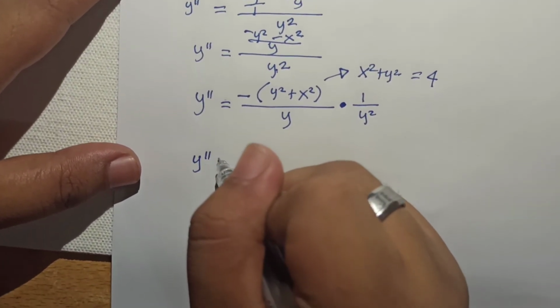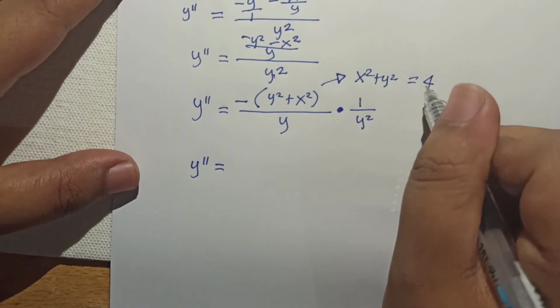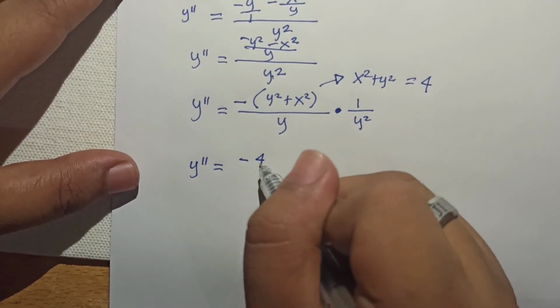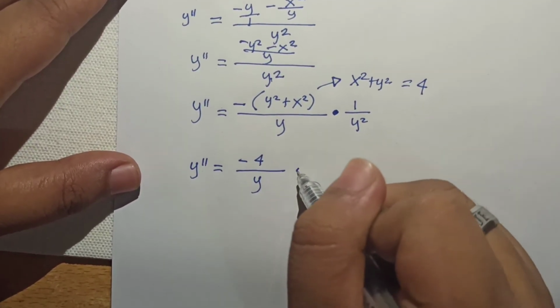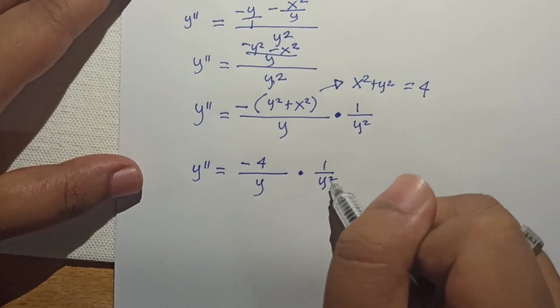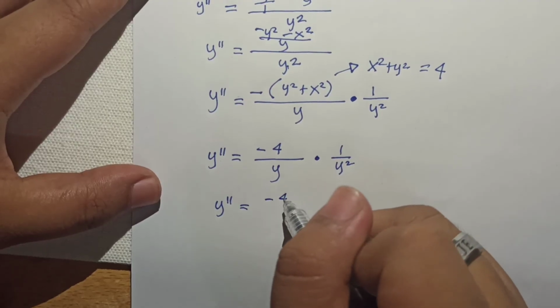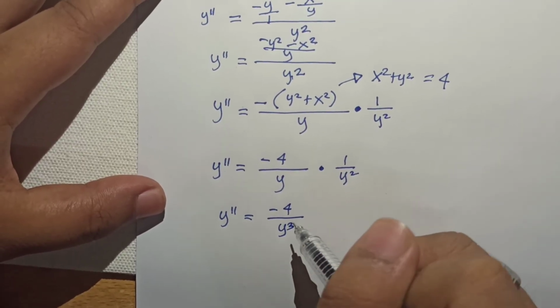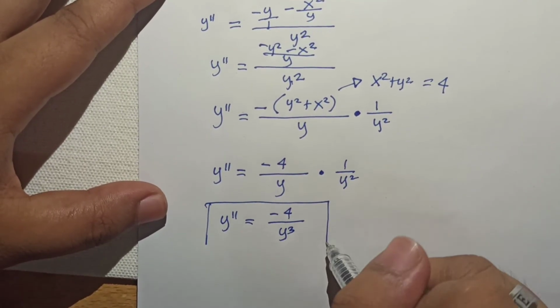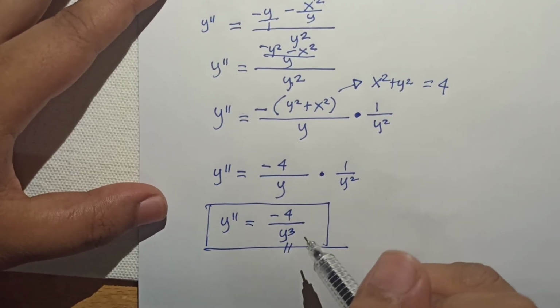So y double prime is equal to negative 4 over y times 1 over y squared. Therefore, y double prime is equal to negative 4 over y cubed. So this is the second derivative.